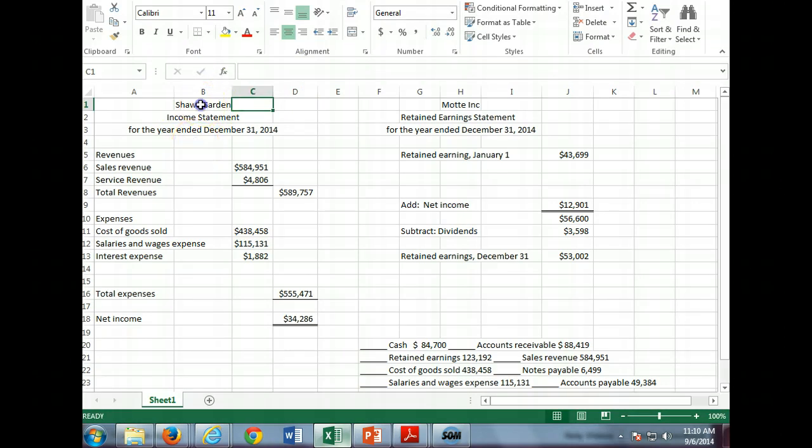Are these done more often than yearly, or are we just doing yearly? Well, usually businesses sometimes want to see weekly sales, definitely monthly, absolutely quarterly.